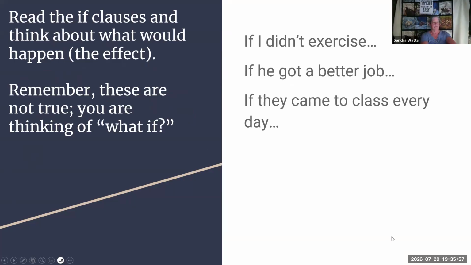All right. So look at those three. Okay, so for the first one, if I didn't exercise, what would happen if I did not exercise?